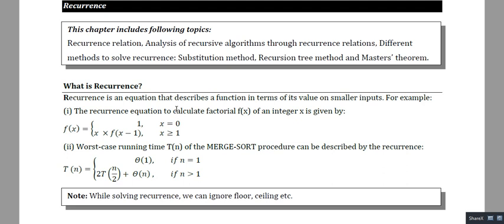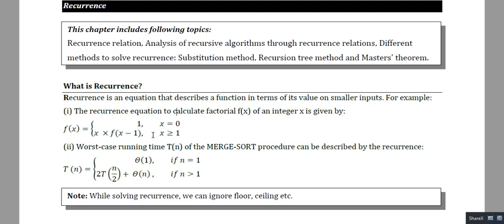I'll start with a very simple example: finding the factorial of any positive integer. We already know n factorial is equal to 1 into 2 into 3 up to n. So I can write n factorial equal to 1 into 2 into 3 up to n minus 1, into n.